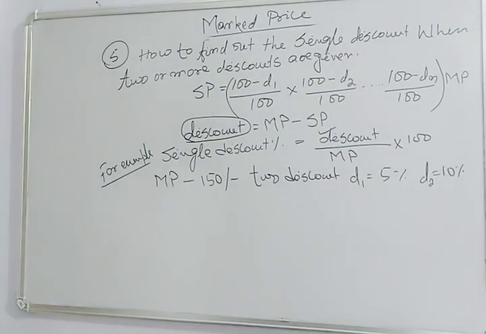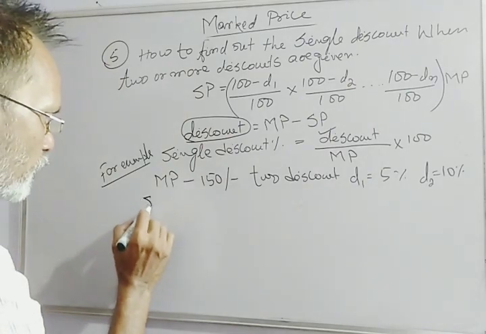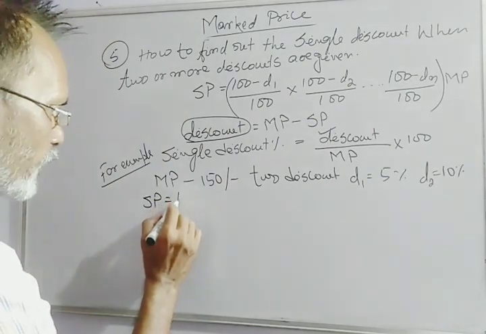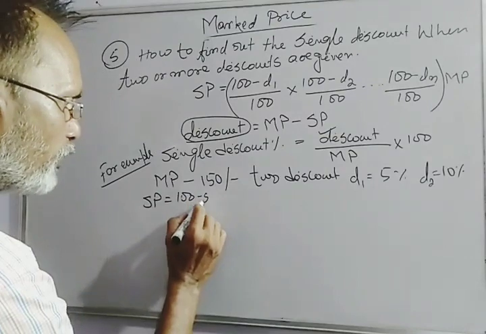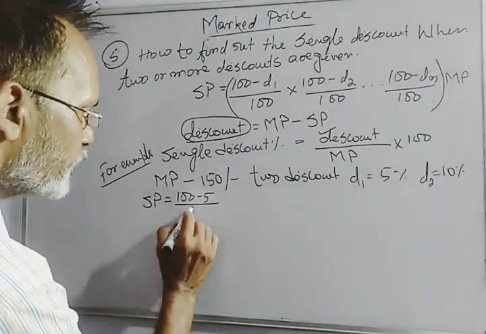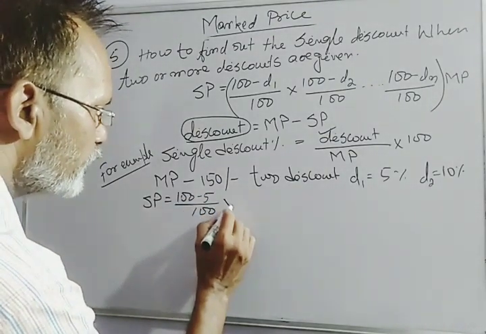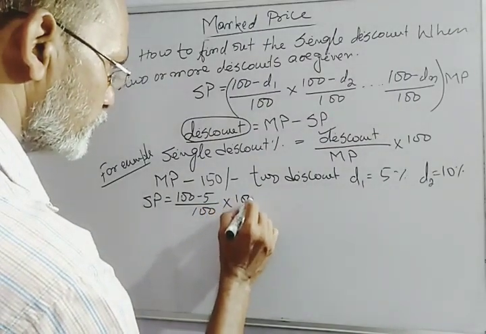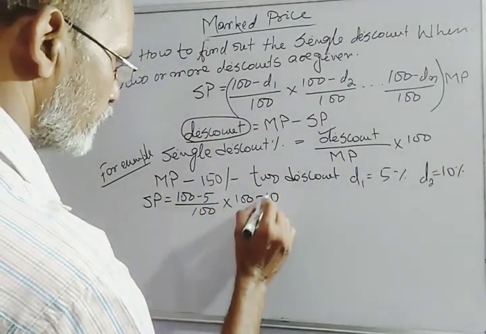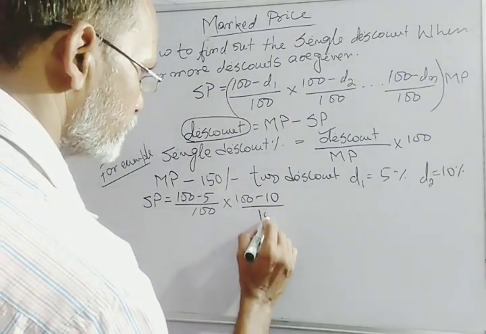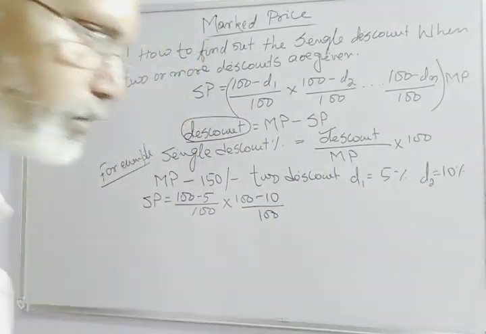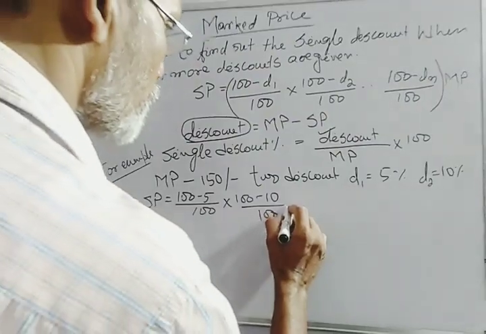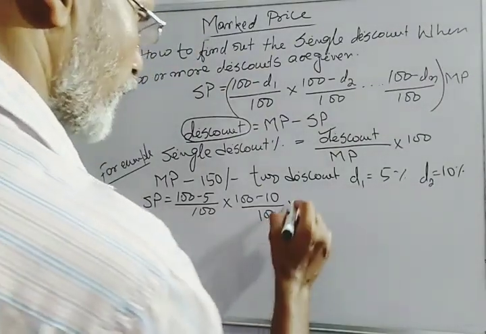You have to find out the single discount for this percentage. So selling price will be equal to 100 minus 5 by 100 into 100 minus 10 by 100 into 150.